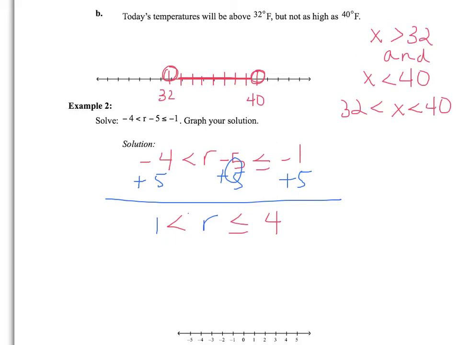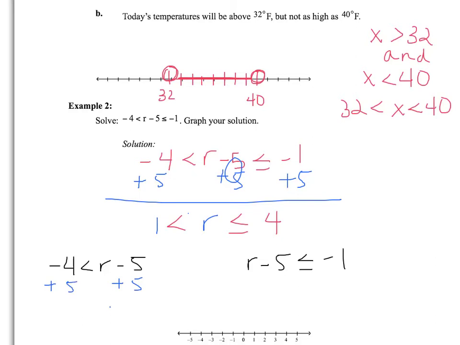Now I'm done here, so I can leave it written as this. Another way, if you think it's confusing, is to separate. You could start out with -4 is less than r minus 5, and then make the other inequality r minus 5 is less than or equal to -1. Technically you're doing the same thing. To get r alone, I need to add 5 to both sides.